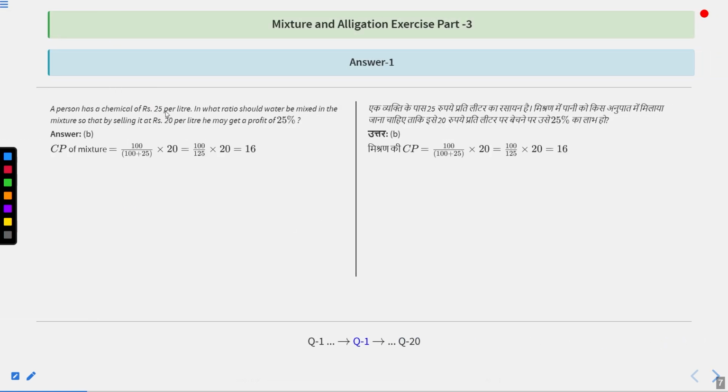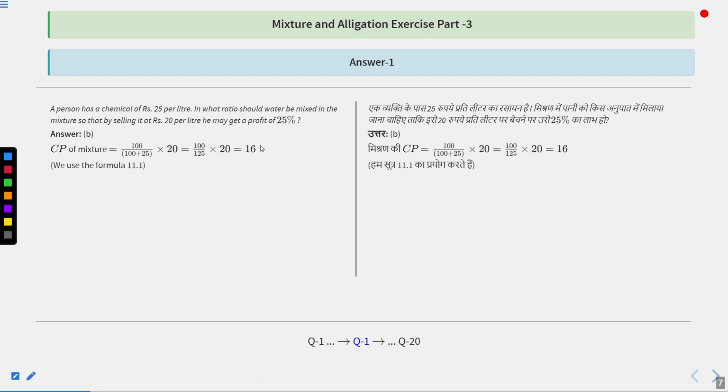The question says that a person has a chemical of ₹25 per liter. But when he sells at 20 rupees, he gets a profit of 25%. So what will be the cost price of the mixture, because he added some water? We can say 100 upon 125 multiplied by 20, so we get the cost price of the mixture as 16 rupees.